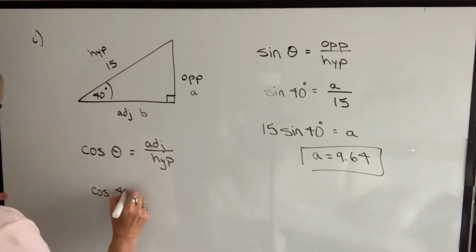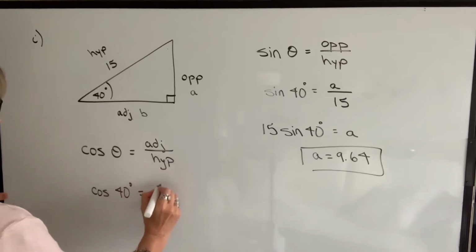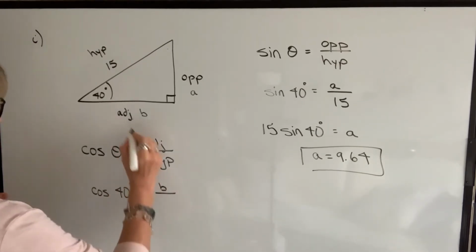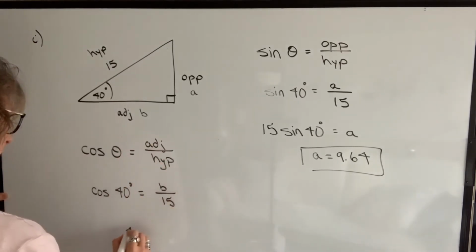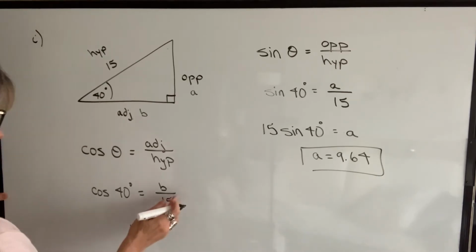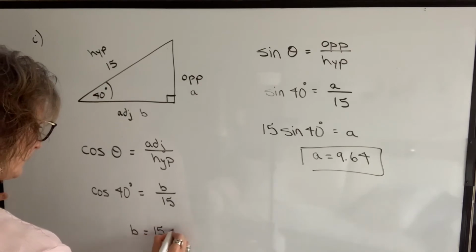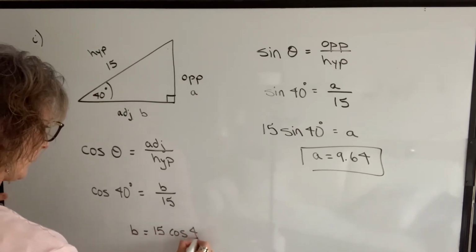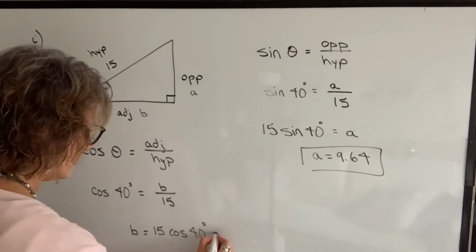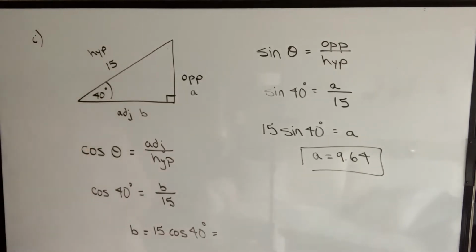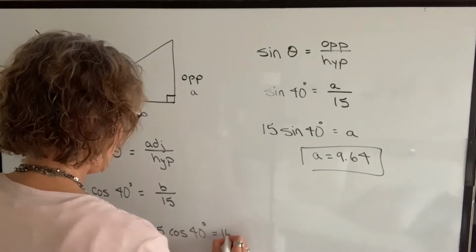My angle is 40 degrees. The adjacent side I'm calling B, and my hypotenuse is 15. So I multiply both sides by 15 to solve for B. When you calculate that value, you should get 11.49.